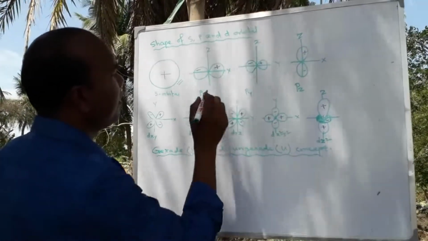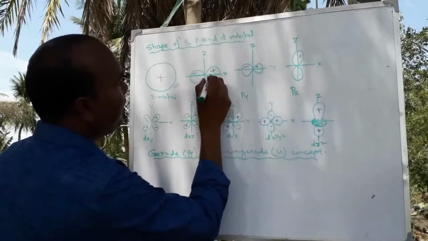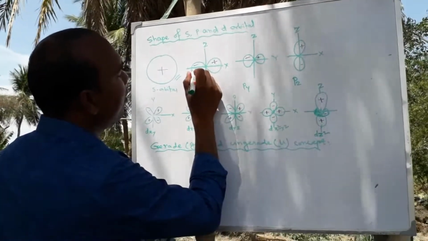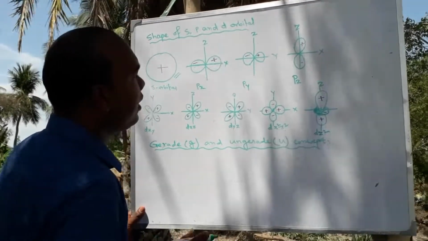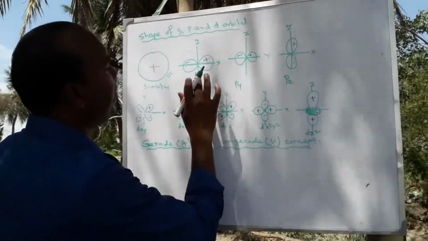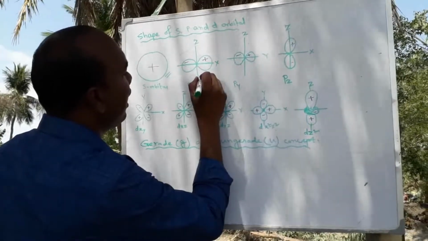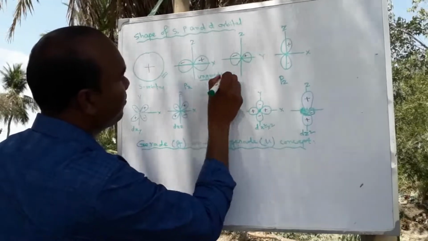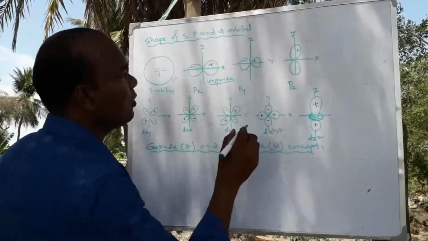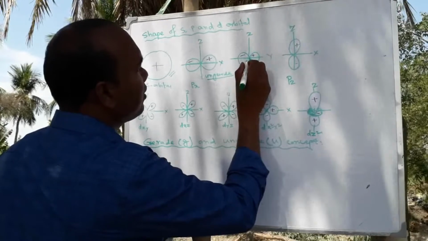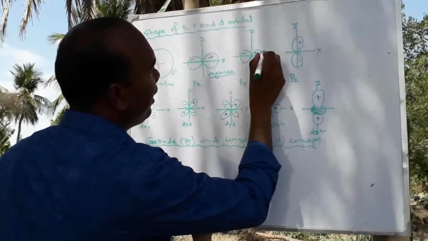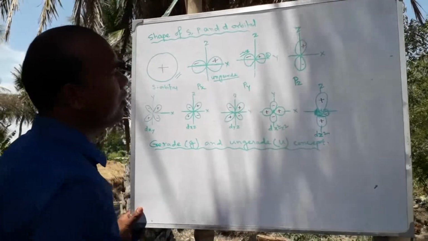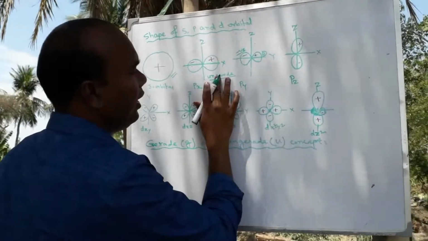You will see that on this side the wave function is positive and on this side the wave function is negative. If that happens, then that type of orbital can be called an ungerade orbital. You see, from that point, if you imagine a straight line, then at that point the wave function is positive and here it is negative. So these orbitals can be called ungerade.